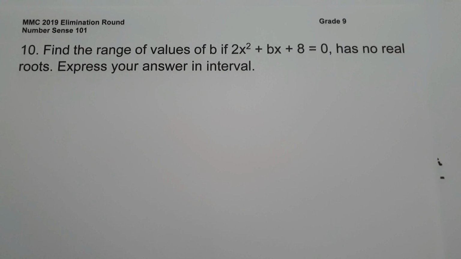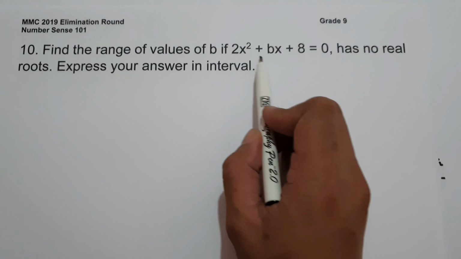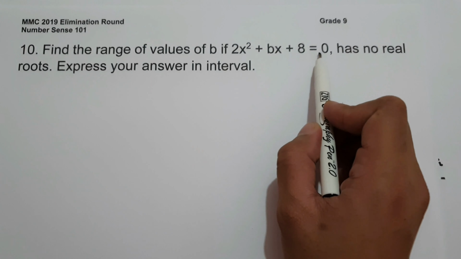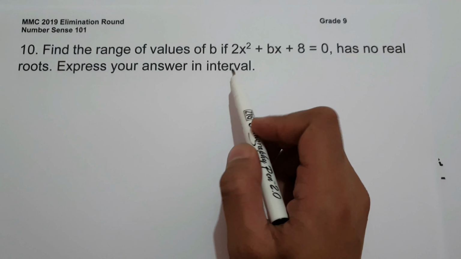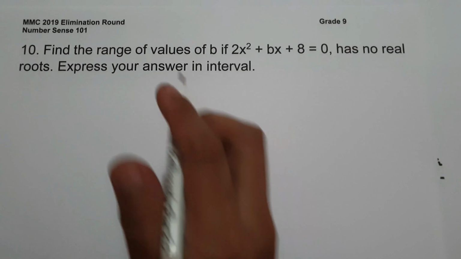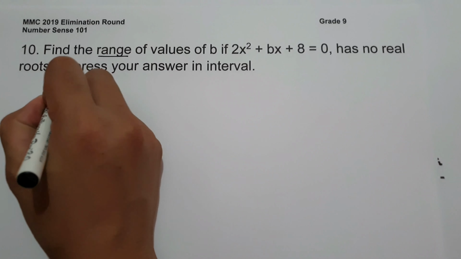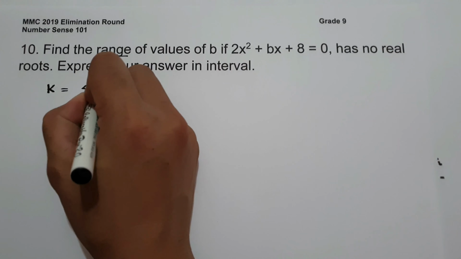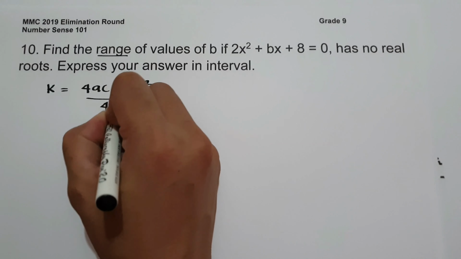On number 10, find the range of values of b if 2x squared plus bx plus 8 equals 0 has no real roots. So we have to express our answer in interval. So since we are talking about range, we are talking about k. And the value of k is (4ac minus b squared) over 4a.